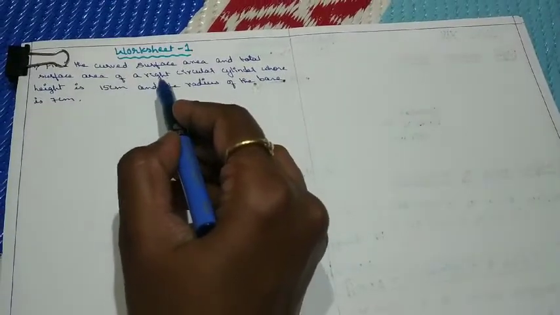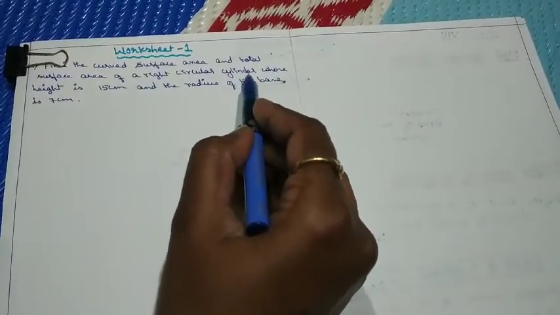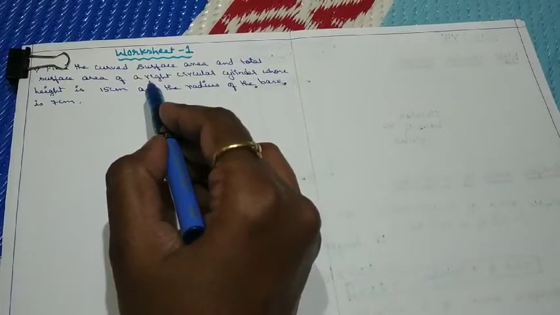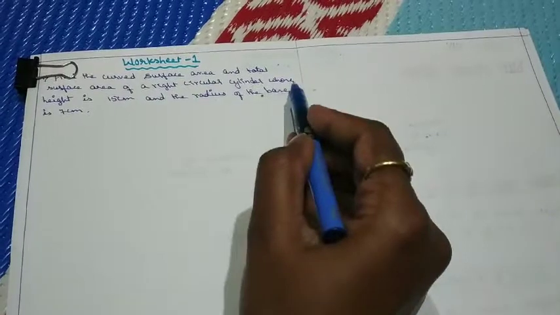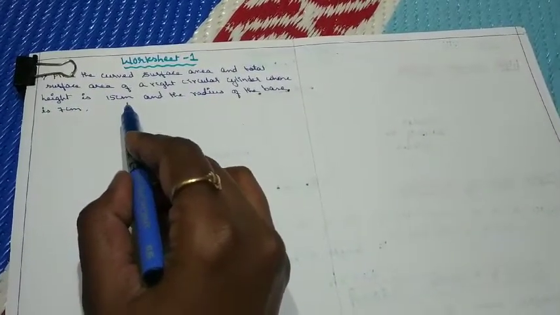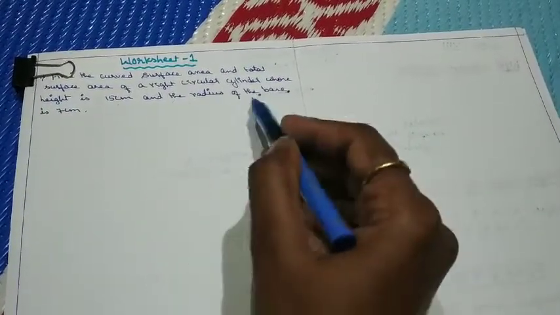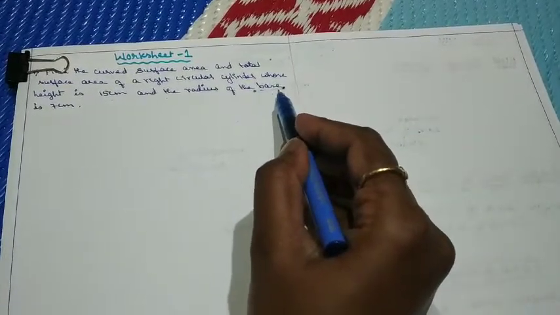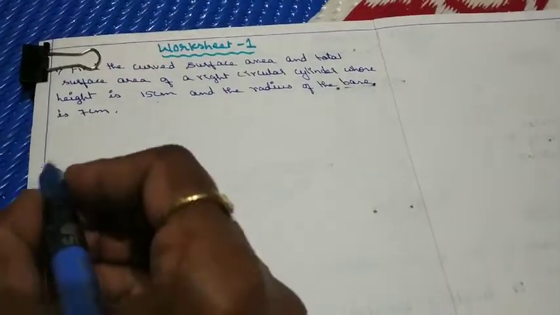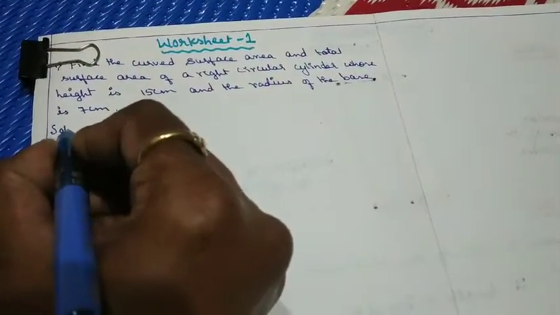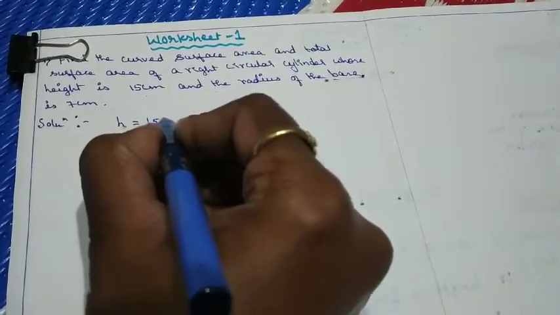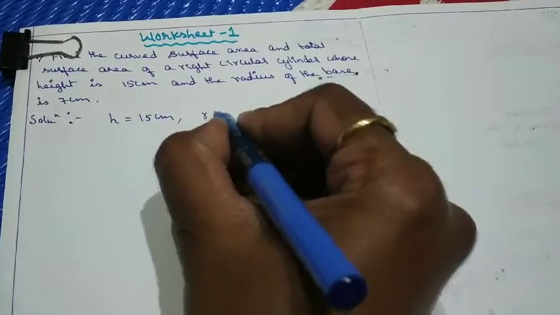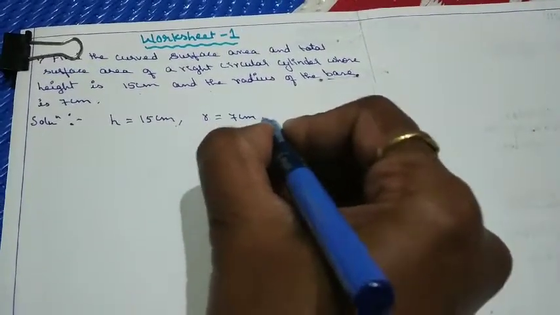We know the meaning of right circular cylinder, which is nothing but the axis is perpendicular to the radius, whose height is 15 centimeter and the radius of the base, in the sense radius of the circle, is 7 centimeter. While solving, first let us write the given things, that is height is equal to 15 centimeter and the radius r equal to 7 centimeter.